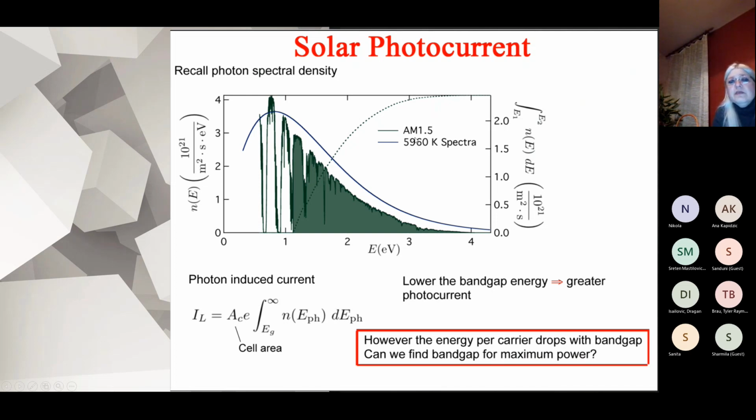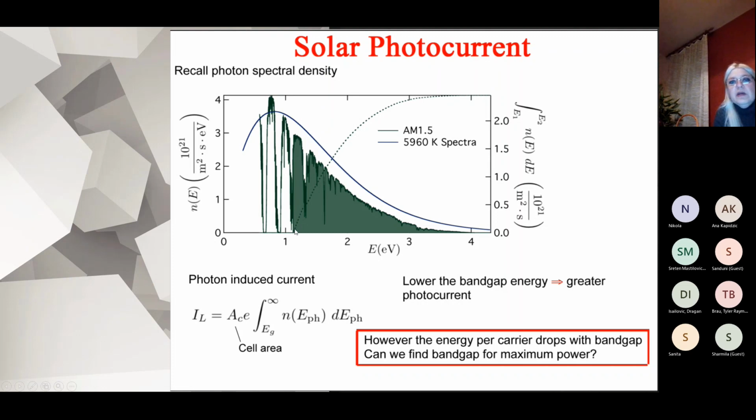Now, if we want to find the number of photons with some specific energy higher than the band gap of the material that you want to use in your solar cell, we can integrate this number density of the photons. Here we present crystalline silicon, whose band gap is around 1.1, and we integrate from 1.1 to infinity.